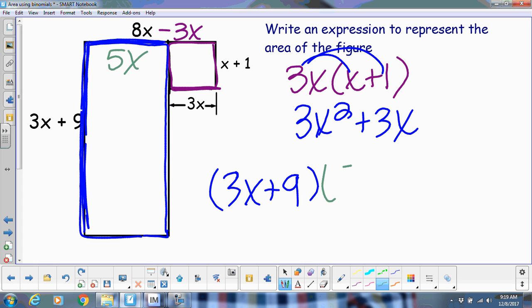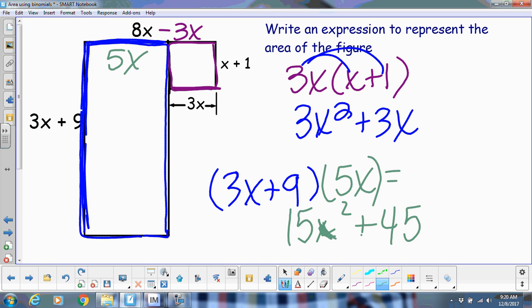Okay, so I'm going to multiply 3x plus 9 times 5x. 15x squared plus 45x, right? All right, and then the last step is to add.